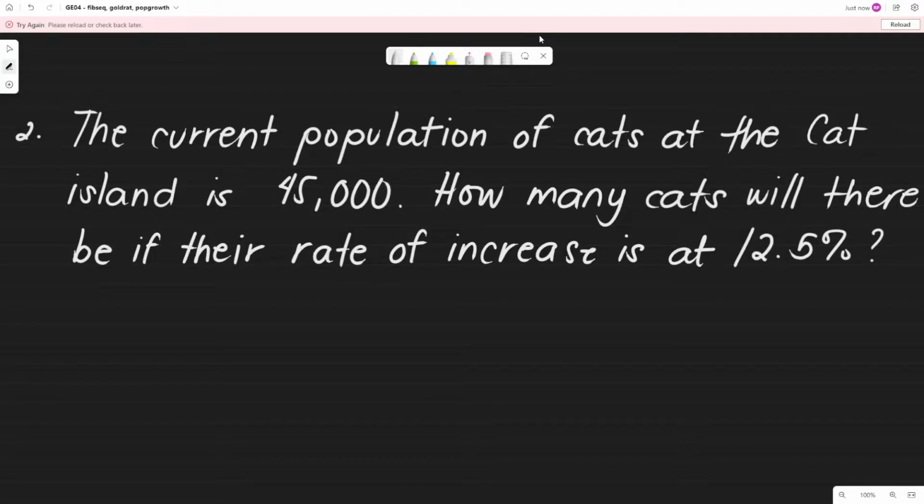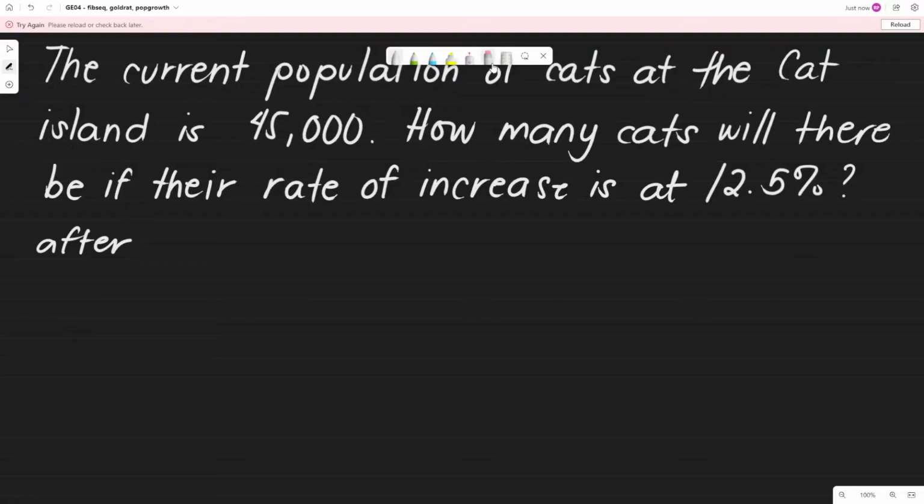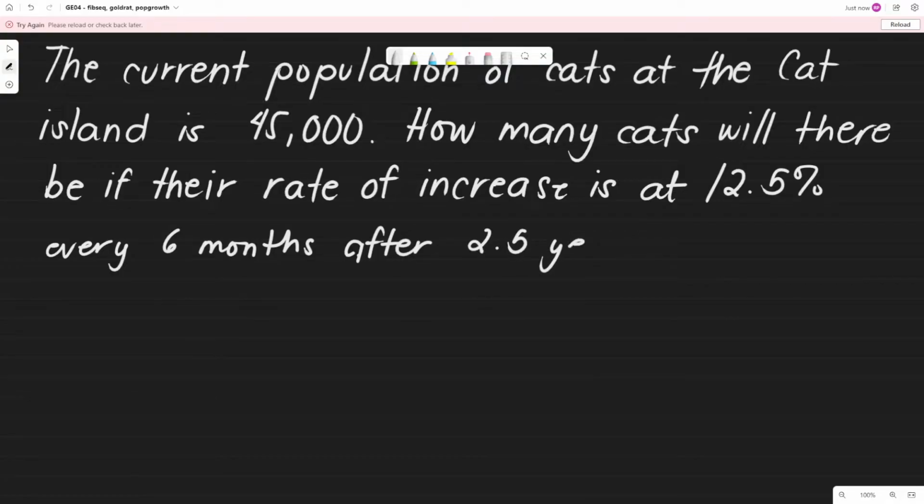How many cats will there be if the rate of increase is 12.5% every 6 months after, let's say, 2.5 years? Okay, now our question is more complete.